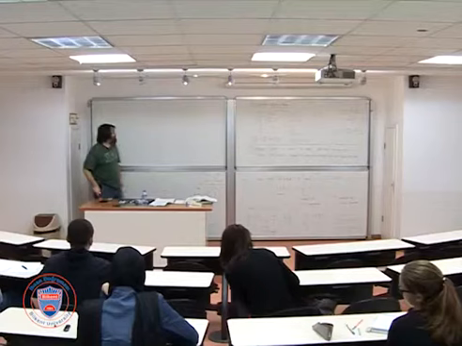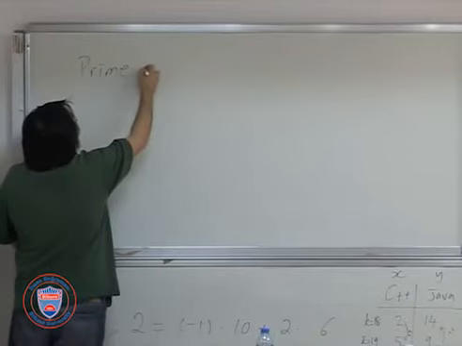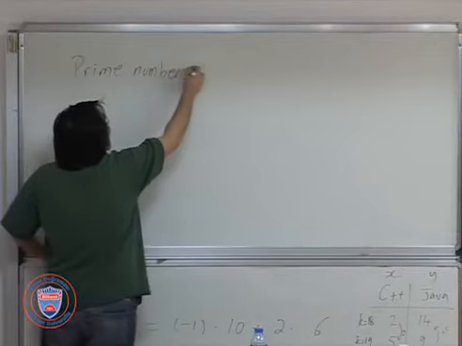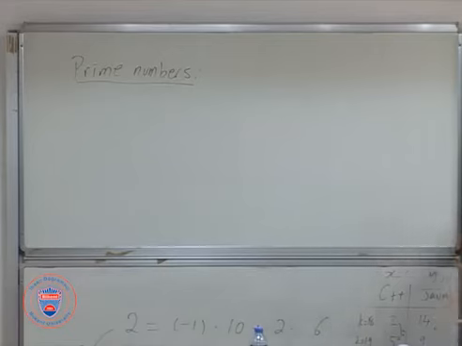Okay, we will finish number theory with one last thing to discuss. It's called prime numbers. There's lots of very nice, beautiful mathematics around prime numbers.